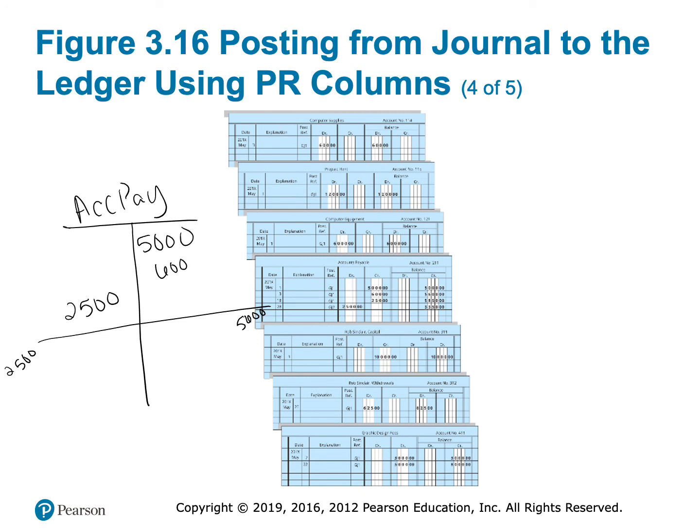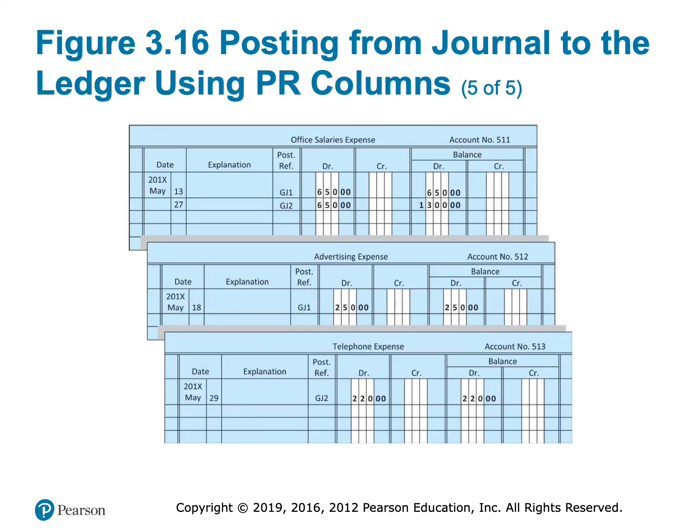And that would go on the credit side because that side is the largest side. And so again, notice that we only had two entries to office salaries expense. And since they were both on the same side, I just add those, and that gives me 1,300.